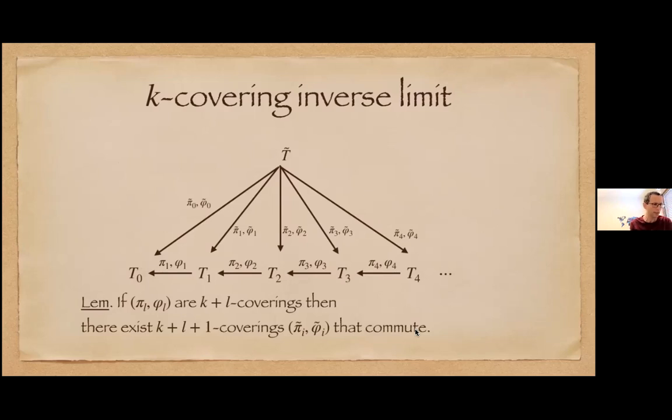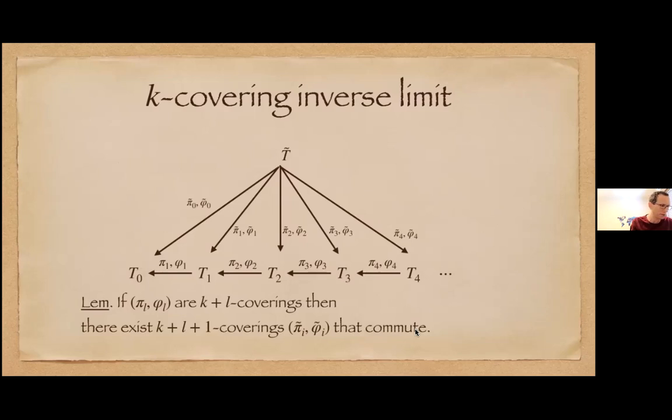I have a tree T tilde and functions pi tilde L, phi tilde L, such that the diagram that you see here commutes, and each one of these coverings, pi tilde L, phi tilde L, is a k plus L plus 1 covering.